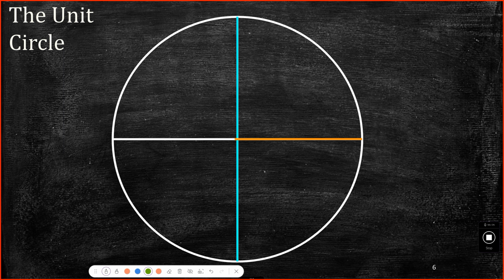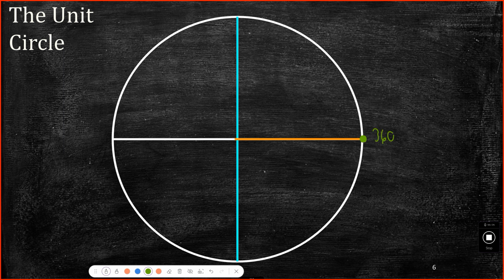Let's go back to degrees. How many degrees is around a circle? 360. Yes or no? So around is 360.